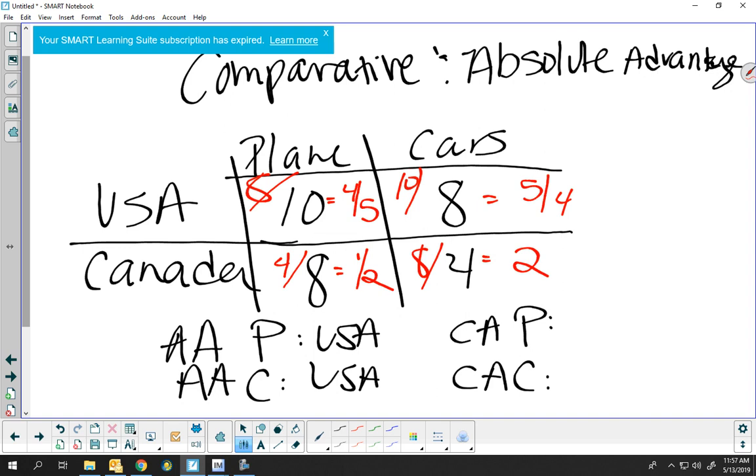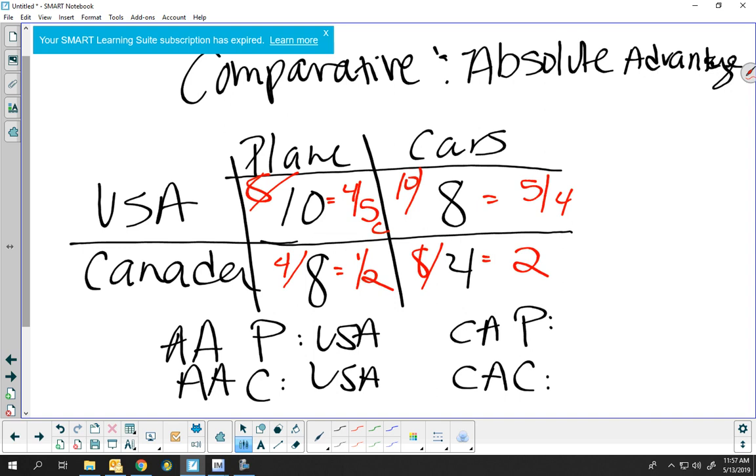Whether it's an input or output problem, for comparative advantage, you're always looking for the smallest number, because those numbers represent opportunity costs. For comparative advantage, it's whoever has the lowest, so the smallest, opportunity cost. What this means is when USA makes planes, they give up the opportunity to make 4/5 of a car.